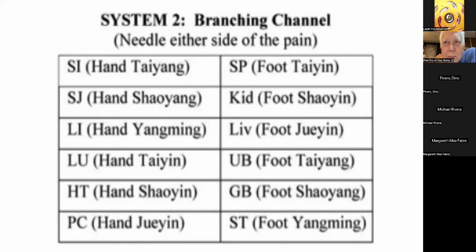Maliwanag na po to up to system 2. Doc, parehas, you will ask the patient to move the area. Yes. Also, in all those systems, to guide the chi to the sick meridian, you have to ask the patient to move the joint or the sick arm or what.